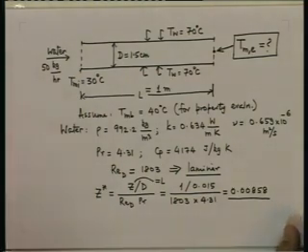Now we look at the correlations which we saw yesterday for thermal entry length. We notice that this particular value of Z star is smack within the range of the correlation. It's not large and beyond the correlation where we will say that look, it's almost fully developed.